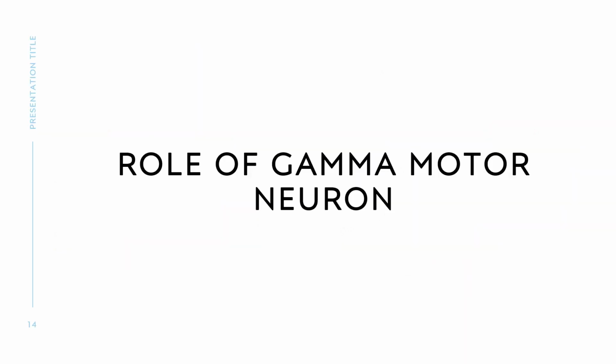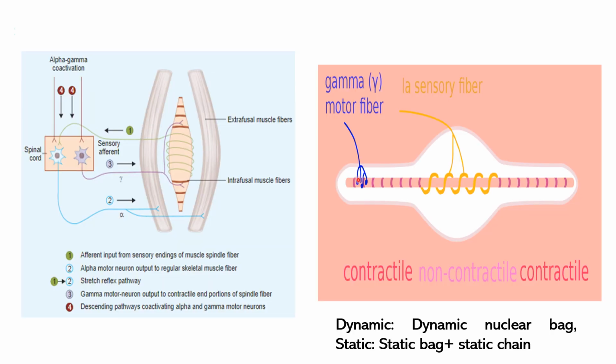Now we want to know a few other very important points related to the stretch reflex. That is the role of the gamma motor neuron in the stretch reflex. The terminal ends of these intrafusal fibers are supplied by a special type of motor nerve fiber known as the gamma motor neuron.